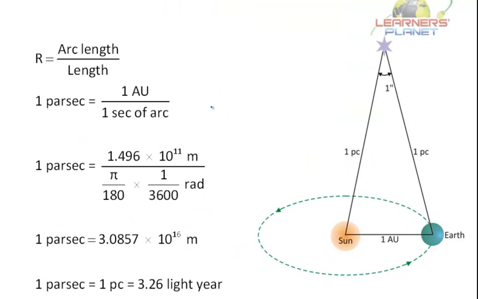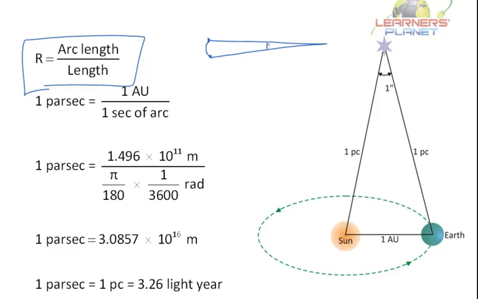Okay, now let us look at the calculation aspect of how 1 parsec is calculated. Now we know that if you observe 2 points from a given place, and let's say the angle subtended by these 2 points is theta in radians, and if you draw an arc, let's say this arc length is L, then this angle theta is given by arc length upon radius r.